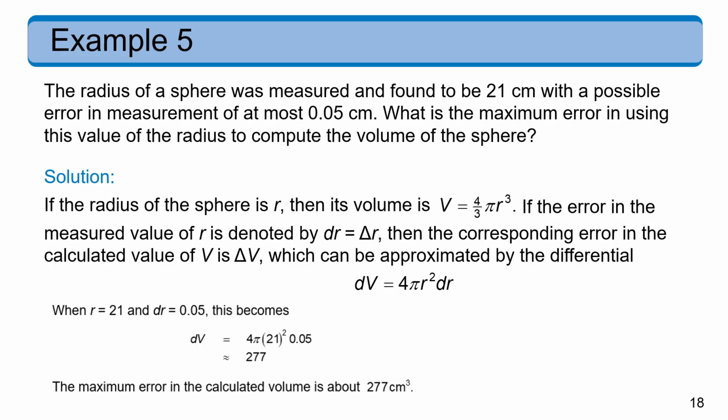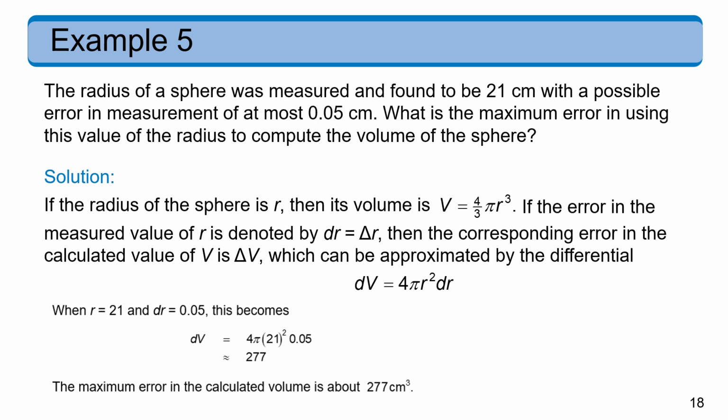Now if you calculated the volume based on the measured radius, there's going to be a possible error in the volume because of the possible error in the radius. So the question is, what's the maximum error in your calculation of the volume that results from the possible error in measuring the radius?